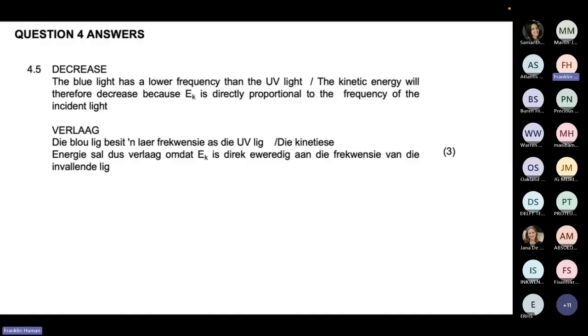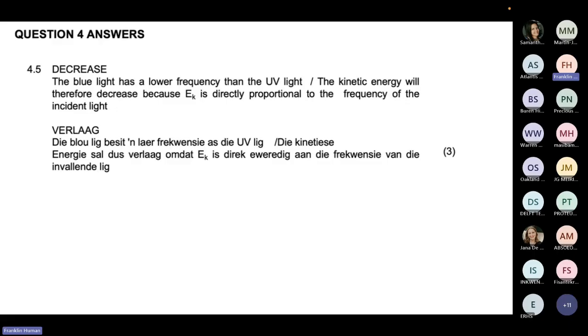Now, remember, zinc has a specific work function. In other words, there's a specific amount of energy required to emit an electron from the surface. When the incident light meets the threshold frequency, anything above that, or any change that is left, goes into giving the electrons energy.